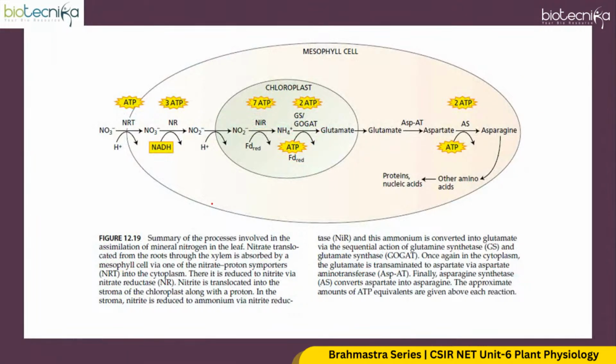This is an image that represents the summary of how nitrogen assimilation takes place. As you can see, the nitrate, through a kind of symporter, enters inside the cytoplasm. Upon converting to nitrite, it can be released into the chloroplast.